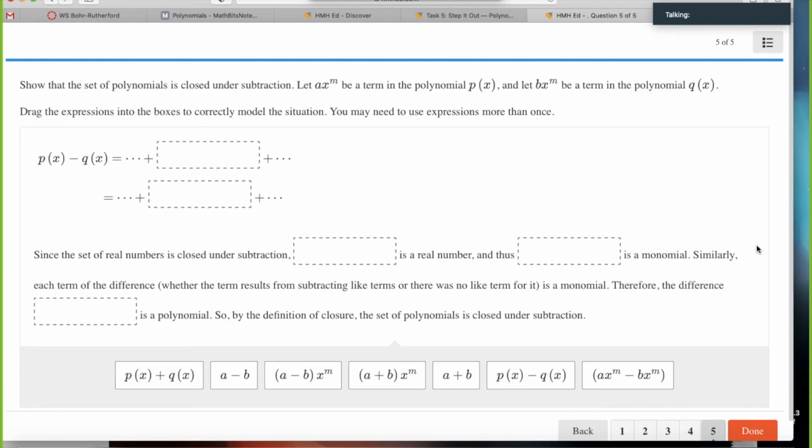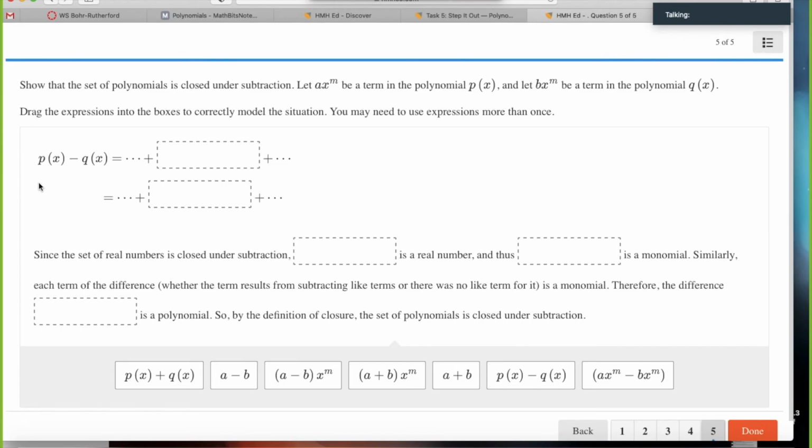So show that the set of polynomials is closed under subtraction. Let a x to the m be the term in the polynomial p of x, and let b x to the power of n be a term in polynomial q of x. Drag the expression into the box to correctly model the situation. You may need to use expressions more than once.